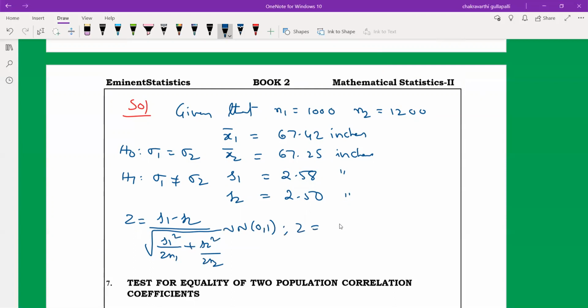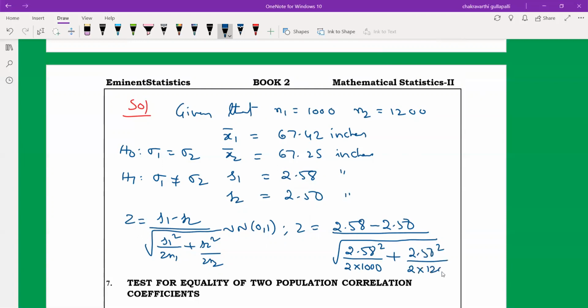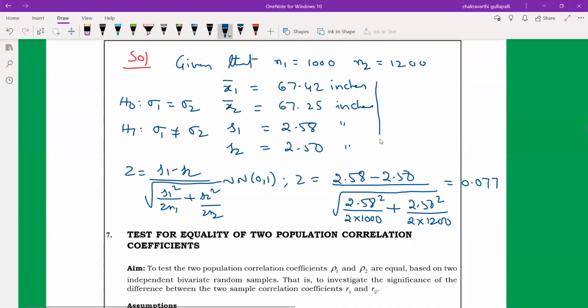Z is equal to (2.58 minus 2.50) divided by the square root of (2.58 square by 2 into 1000 plus 2.50 square by 2 into 1200). The final simplified answer is 0.077.